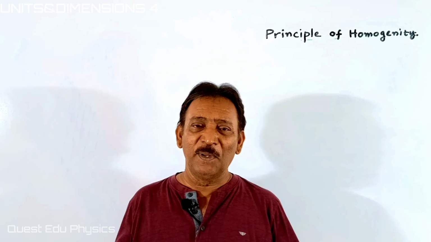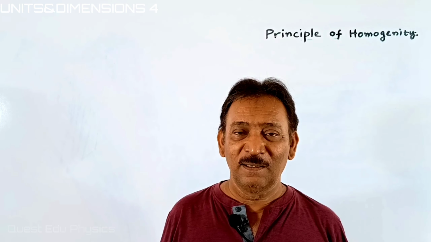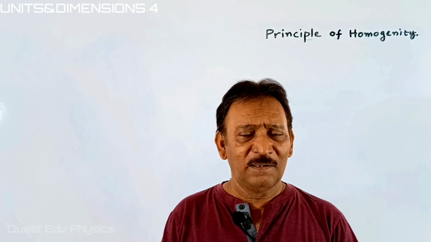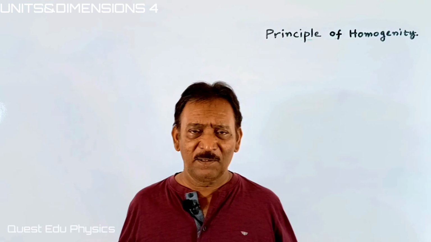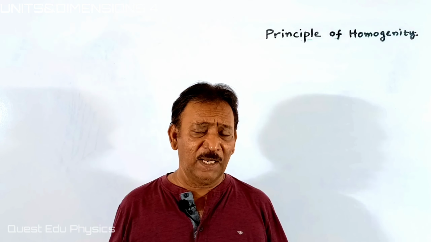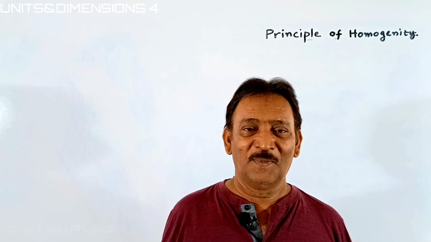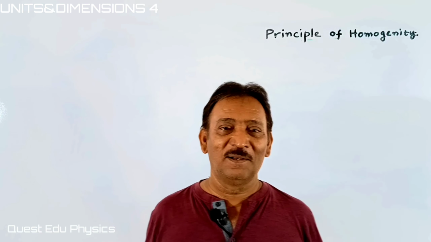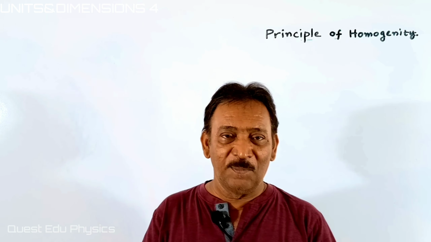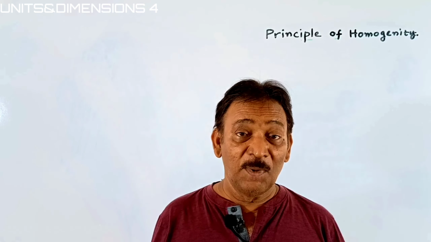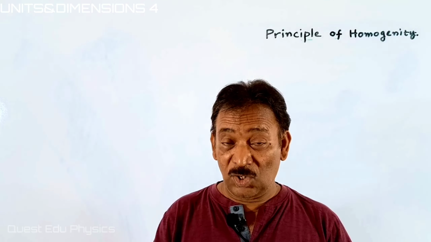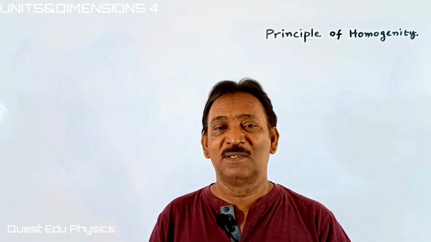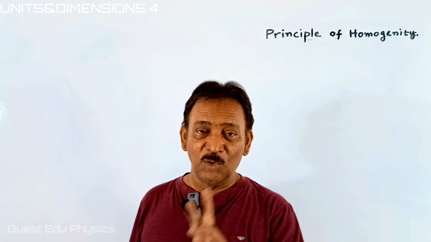Similar people or similar things can be added, can be subtracted, can be equated. Understood, students? Similar things can be added. Strictly, I am saying same things. Instead of similar, I am using the same.